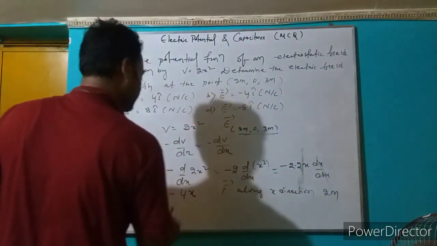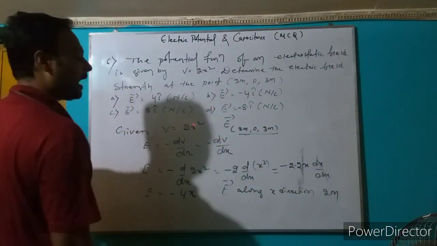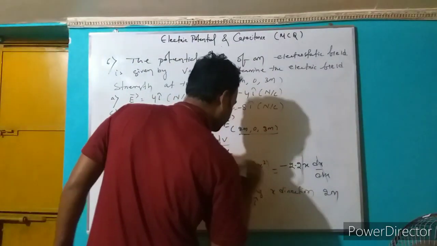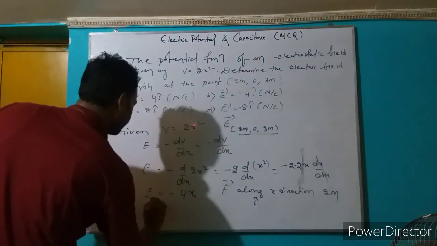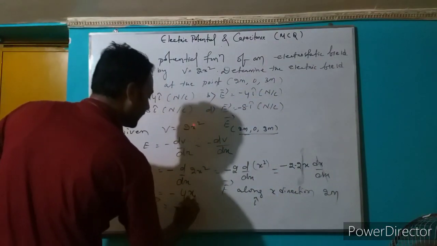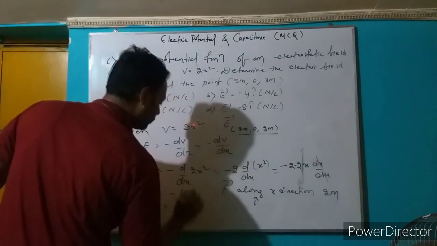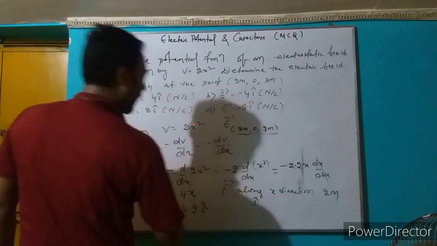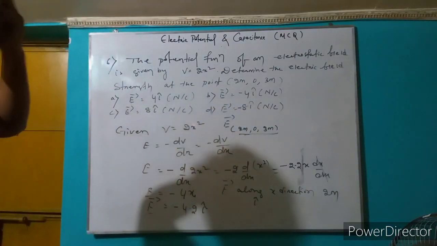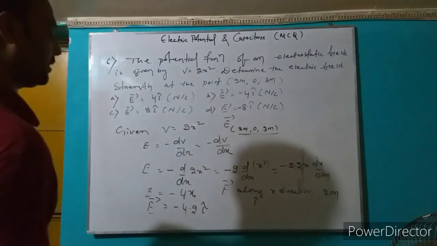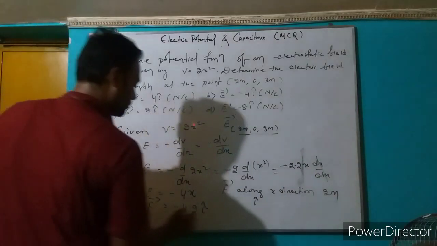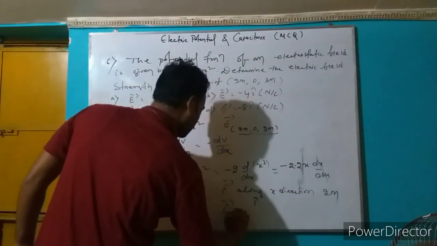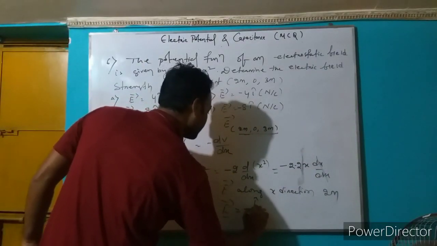That means if you put the value along x direction, denoted by i cap, the electric field vector equal to minus 4 x, means how much? Into 2. Along which direction? Along x direction, that is given as i cap direction. i cap is the unit vector which provides its direction. So that means electric field equal to minus 8 i cap.